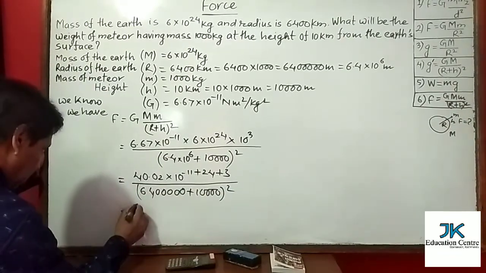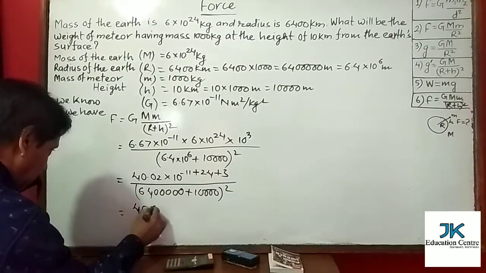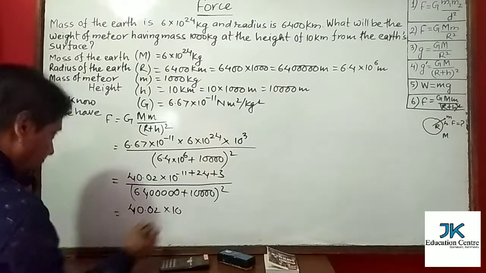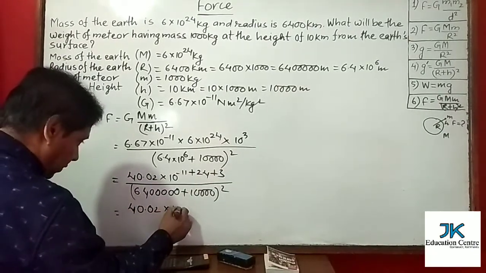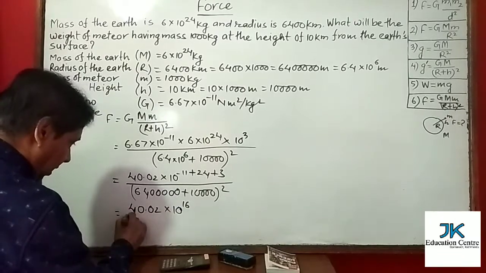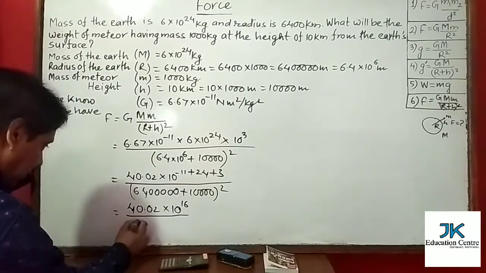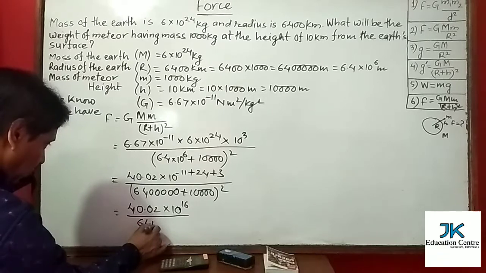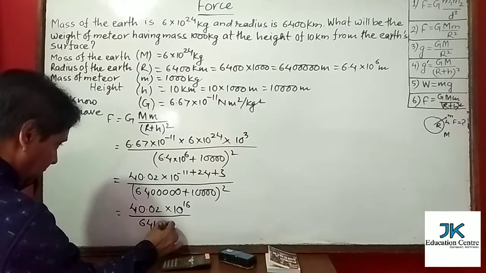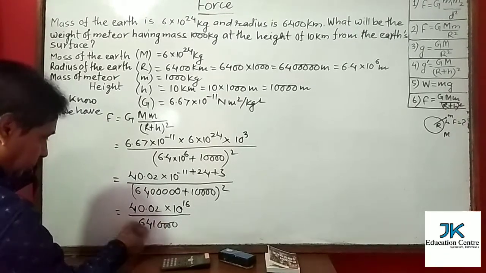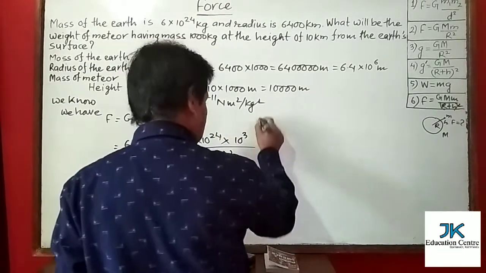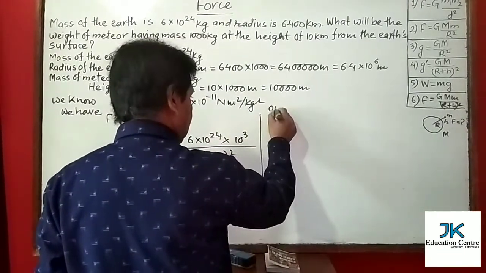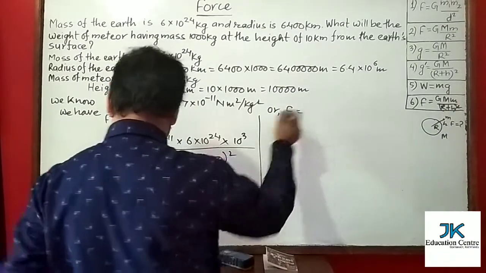This is equal to 40.02 into 10 to the power 24 plus 3, 27, minus 11, equal to 16, and here we have 6410000, whole squared.